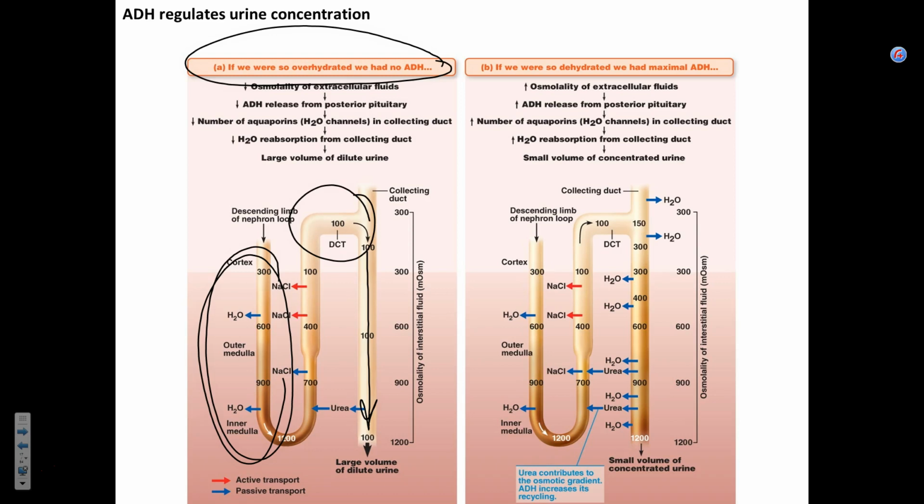I asked, can water be reabsorbed? And you told me, yes, it can. But will it be reabsorbed is a different question. If I want to pee it out, am I going to reabsorb it in the collecting duct? No. I'm just going to let this 100 milliosmol filtrate leave my body in the form of diluted urine. Does that make sense?